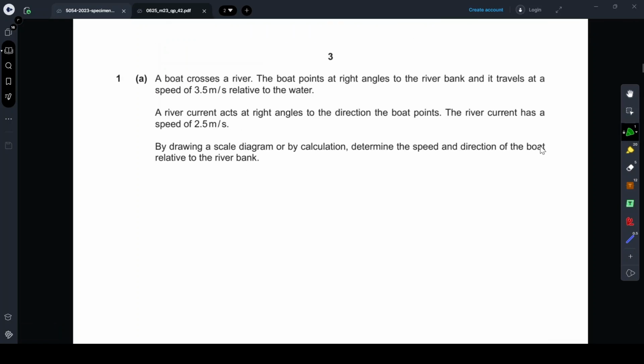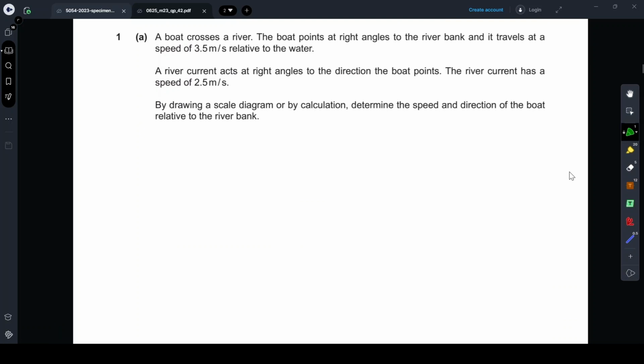So a boat is crossing the river, right? And it is at right angles to the river bank. So let's say this is the river bank, and this is our boat. Excuse my drawing.